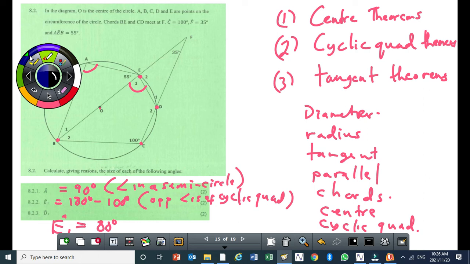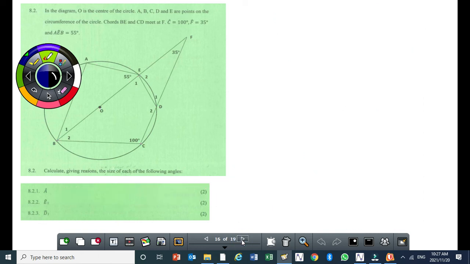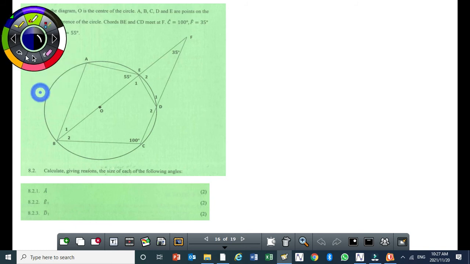So we found angle A, angle E, now we find angle D1. D1 is this angle here.